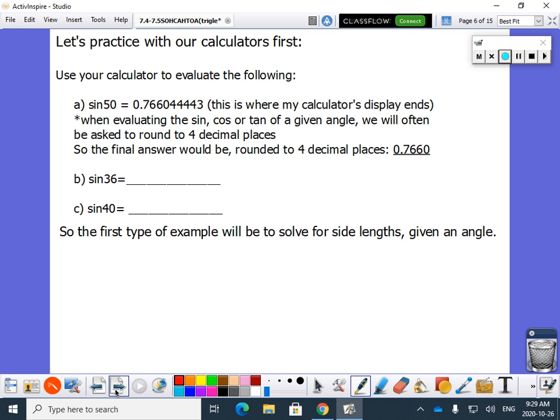You can close the bracket if you want to, you don't have to. If you just push enter, that's fine. You're going to get the exact same answer. So push sine and then just type in 50. Does everyone get 0.76604443?